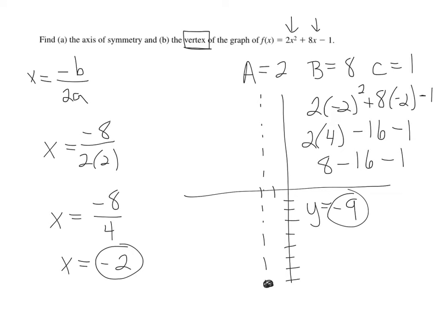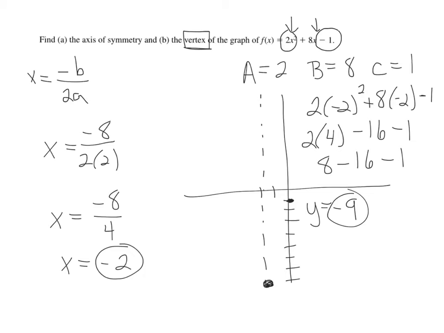And now we know that it's going to be positive, right? And so we know this is going to be a smiley face. Now, where does it cross the y-intercept? We talked about that earlier. The y-intercept is going to be -1. And these are always symmetrical. What I mean by that is that the left side is always equal to the right side.